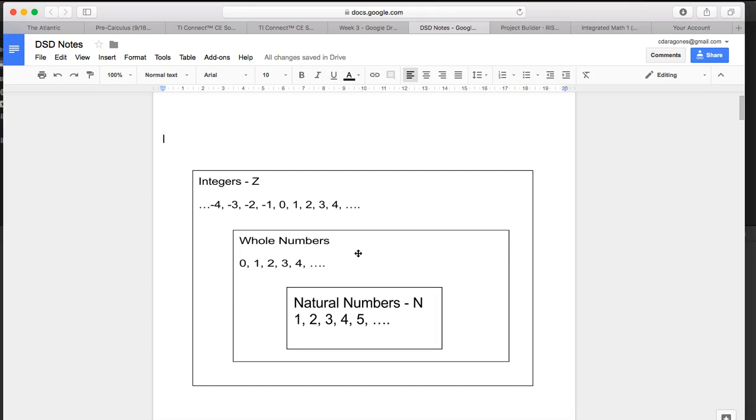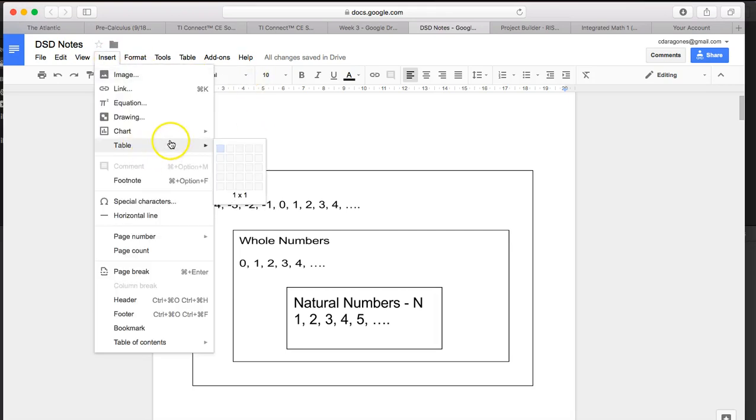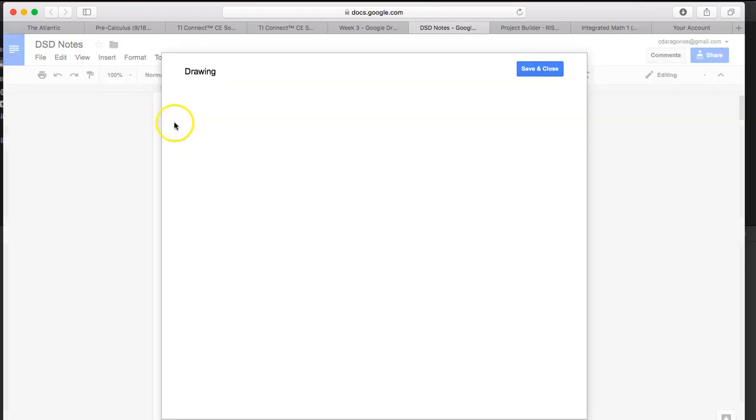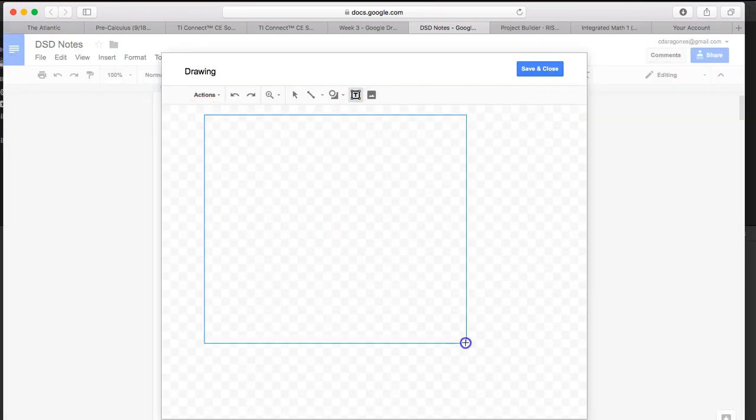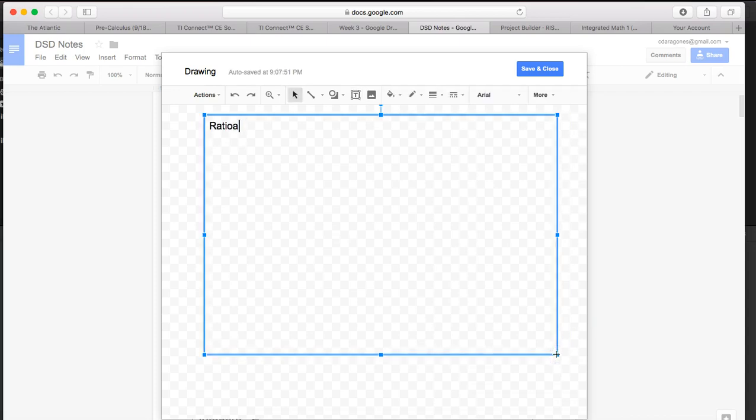Okay, so like I said, you started learning about parts of whole numbers, and that's called your rational numbers. So I'm going to go ahead and create a bucket for your rational numbers. Rational numbers, usually depicted with a big Q, are any number that can be written as a ratio of 2 integers.